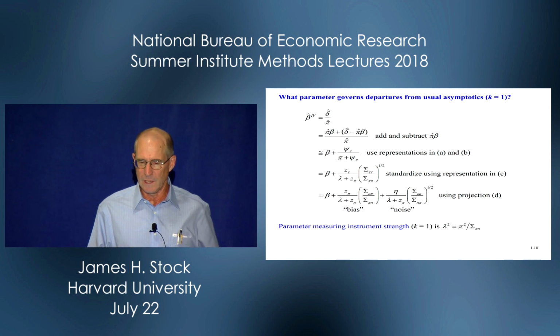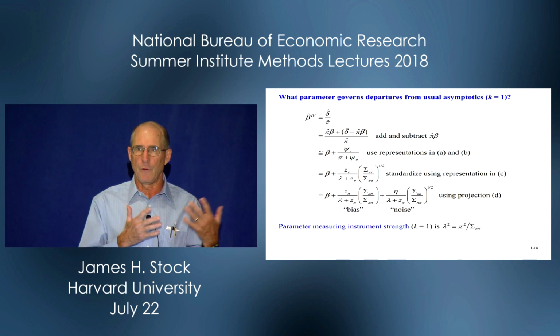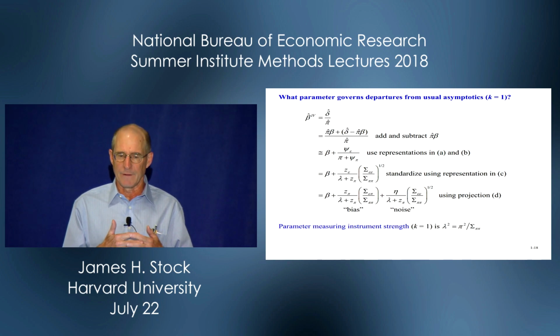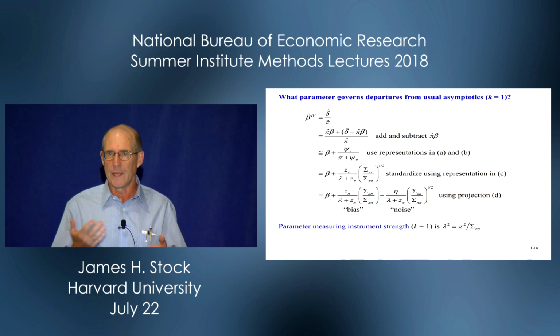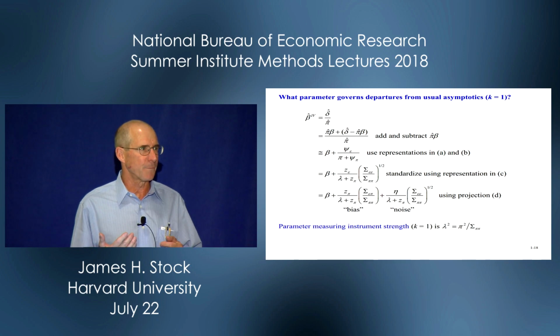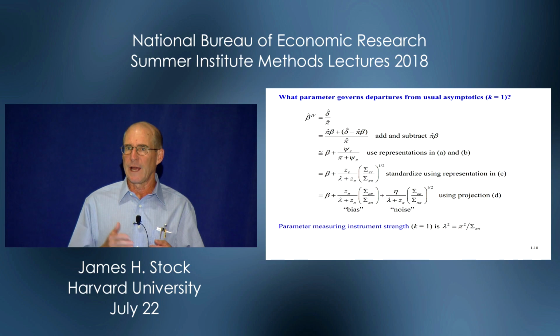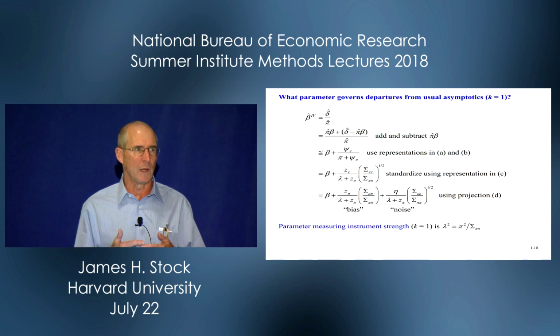One thing you can see immediately is that the amount of bias, if you will, is going to be determined by lambda. And if lambda is equal to 0, then these two z's cancel each other, and then you're just left with this guy right here. In the homoscedastic case, that's the p-lim of OLS.